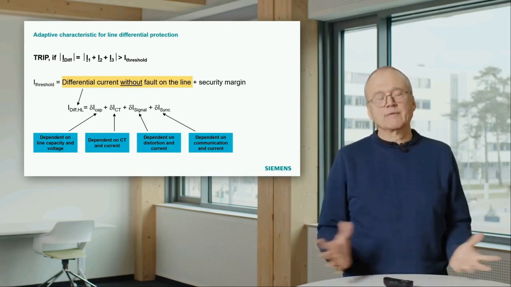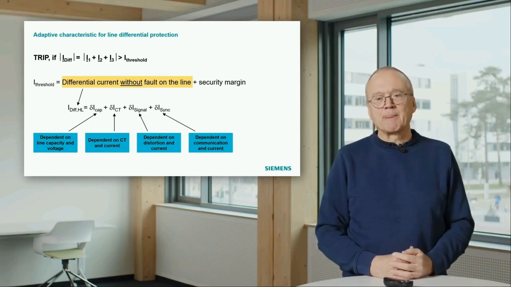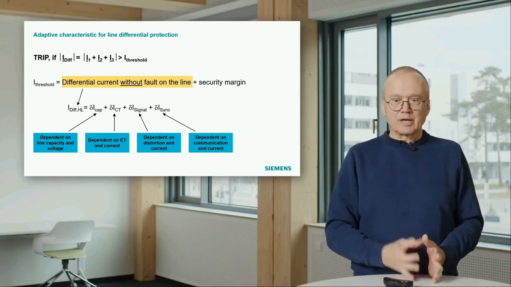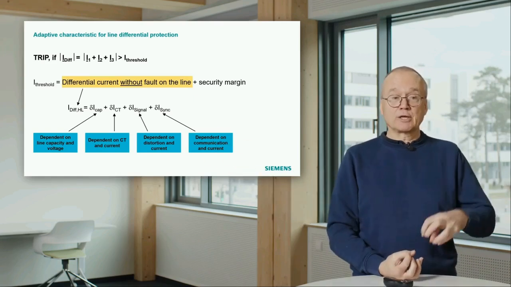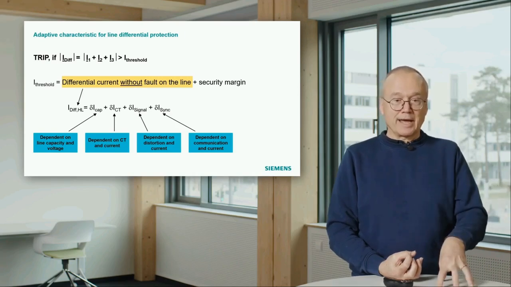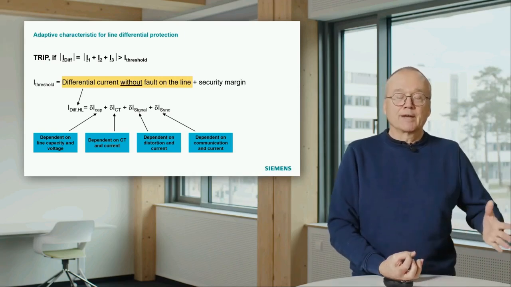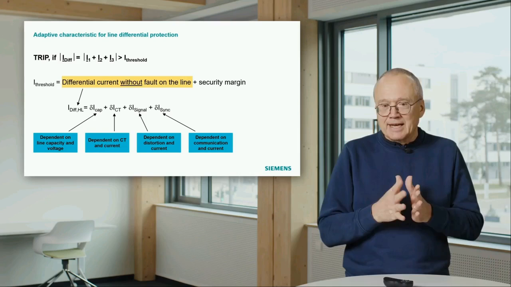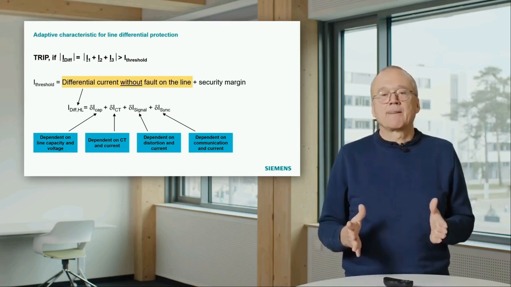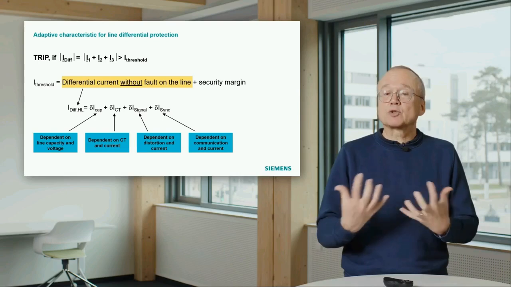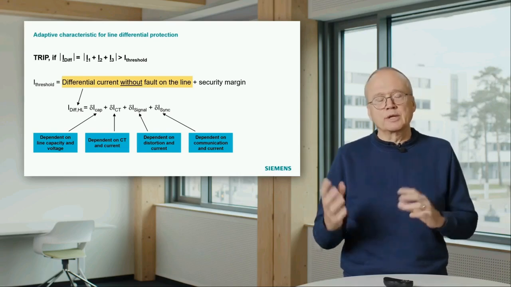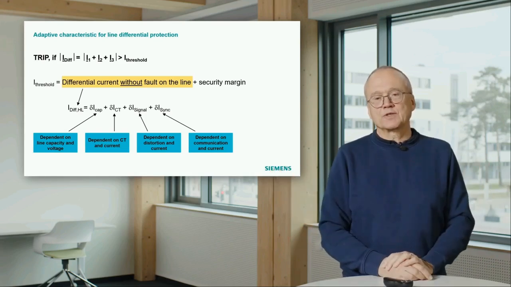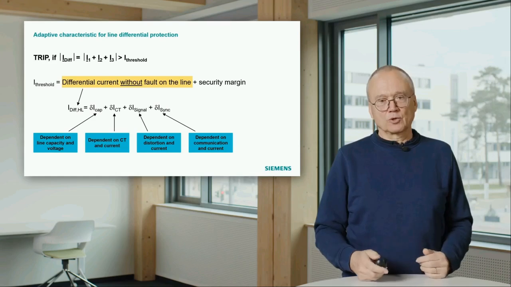Let's assume we have a delay, for instance, of a millisecond, and that means the incoming values in a protection relay from the other side should not be compared with the actual values, but with the values a millisecond ago on our own side. That means a delay time in the communication can be compensated, but sometimes we have a certain jitter or unknown delay time there, and that can cause a certain synchronization error. We will see also the result on that.